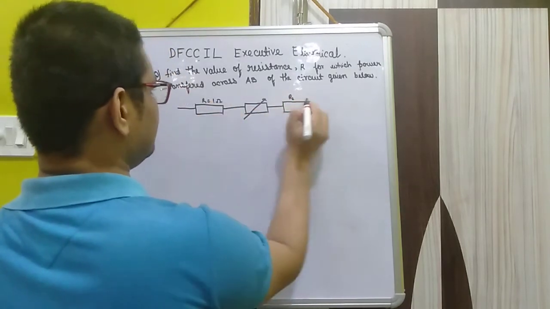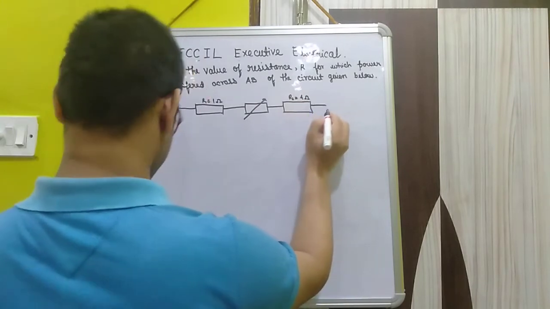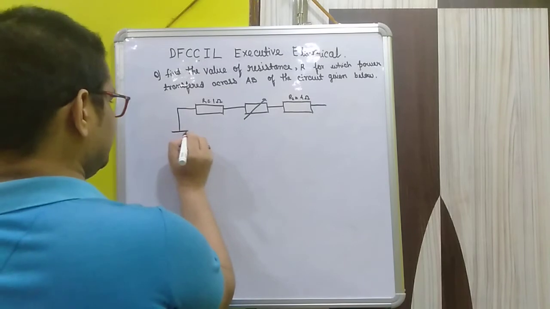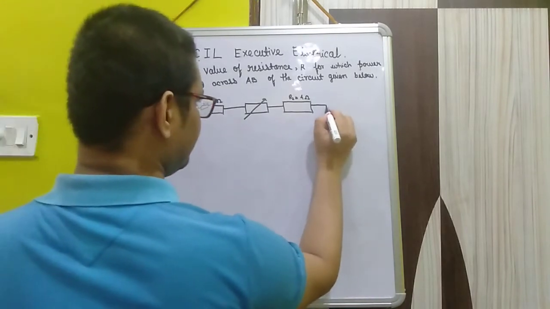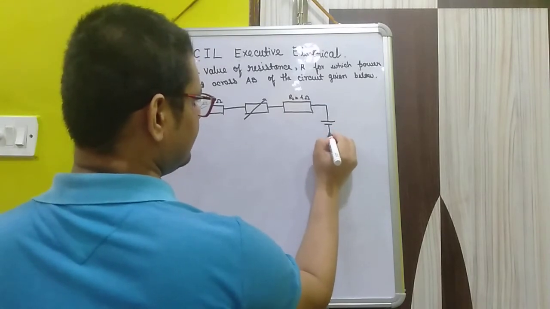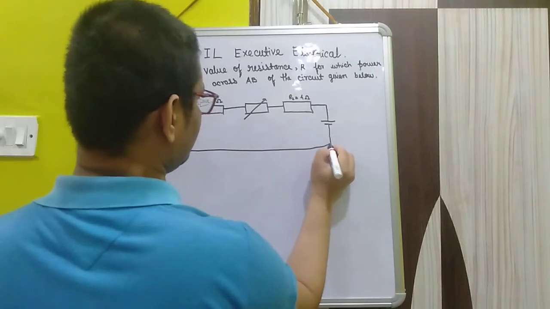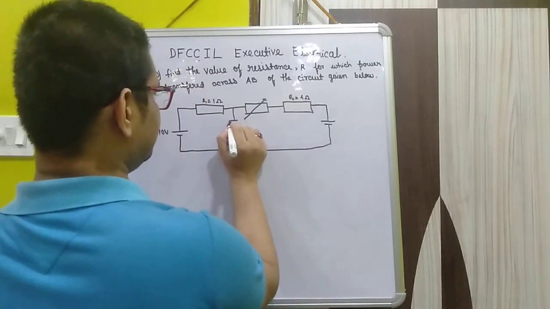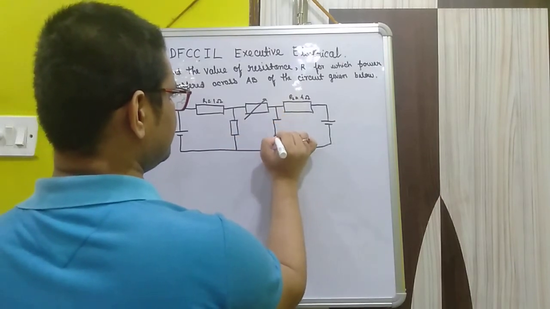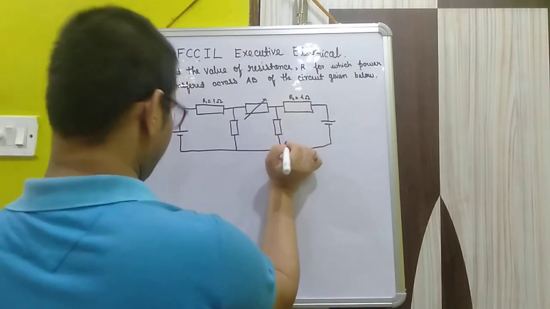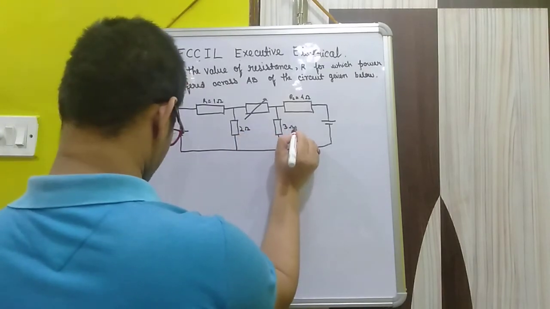This is R1, this is R2, that is 4 ohm, and there are two voltage sources, 10 volt and 20 volt, and two other resistances, 2 ohm and 3 ohm.